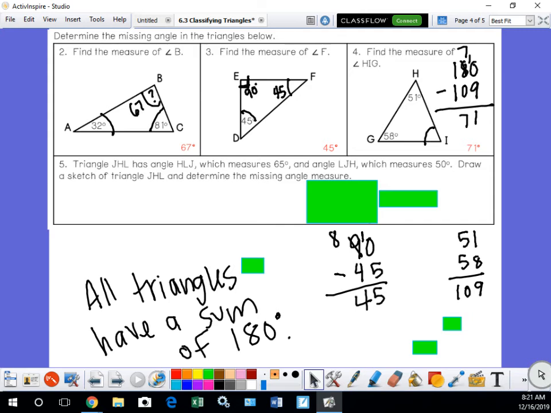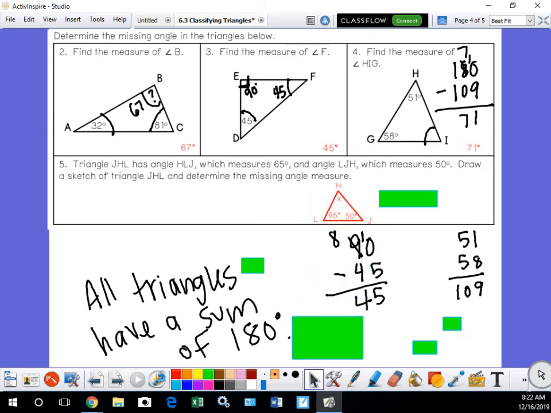All right, number 5, triangle JHL has angle HLJ, which measures 65 degrees, and angle LJH, which measures 50 degrees. Draw a sketch of triangle JHL and determine the missing angle measure. So that was really wordy and kind of confusing.